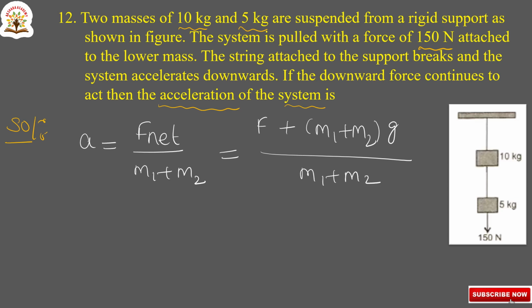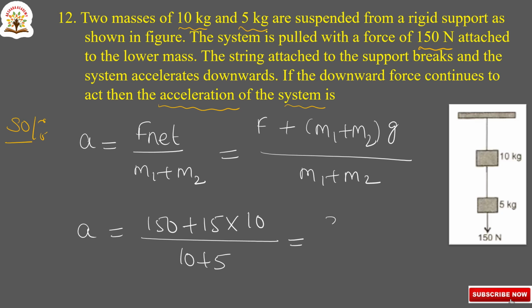Substituting the values, F is given as 150, plus (10 plus 5) which is 15, into g, which is 10, by m1 plus m2, which is 10 plus 5. So that is 150 plus 15 into 10, which is 150. 150 plus 150 is 300. 300 by 15.